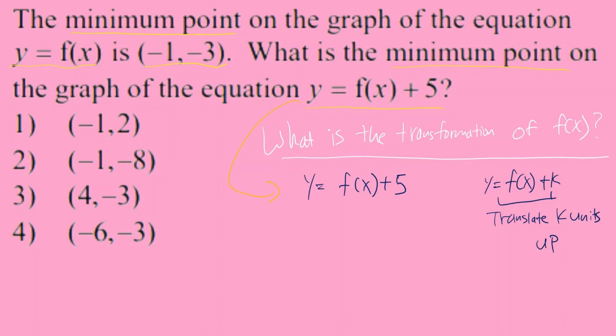In order to solve this, we must ask the question, what is the transformation of f of x? Looking at the new equation, we have y equals f of x plus 5. Now that is in the form of translating k units up. This means that the function is moving 5 units up. So our minimum point of f of x is -1, -3.